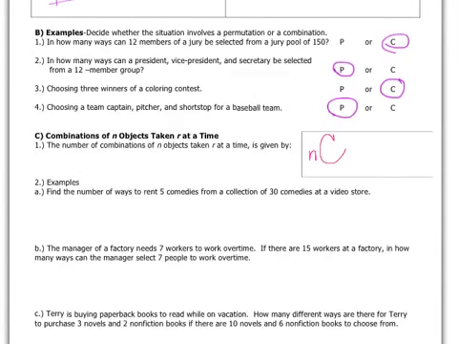C for combination. r is the number that you want to take. There's a shortcut on your calculator. So get your calculators out. On your calculator, your shortcut is under math.